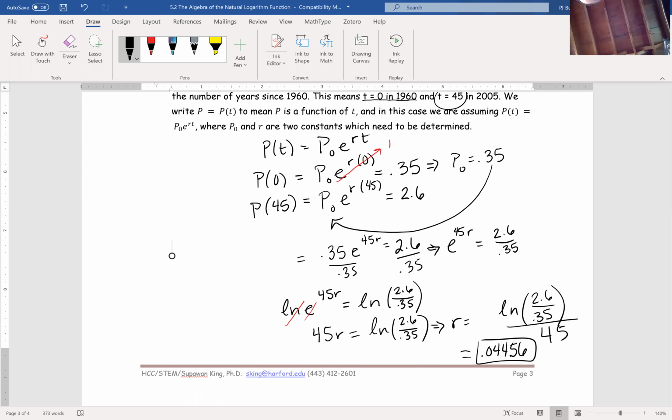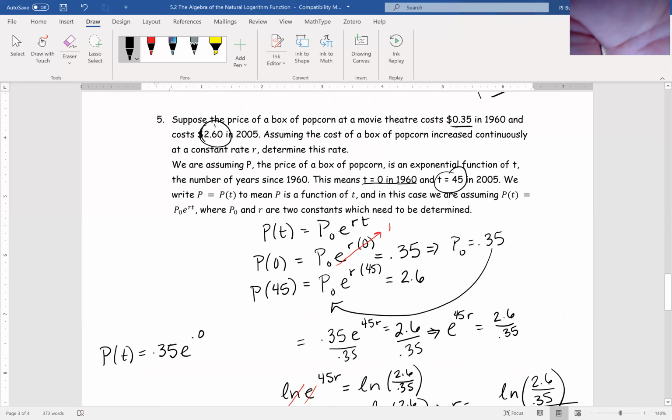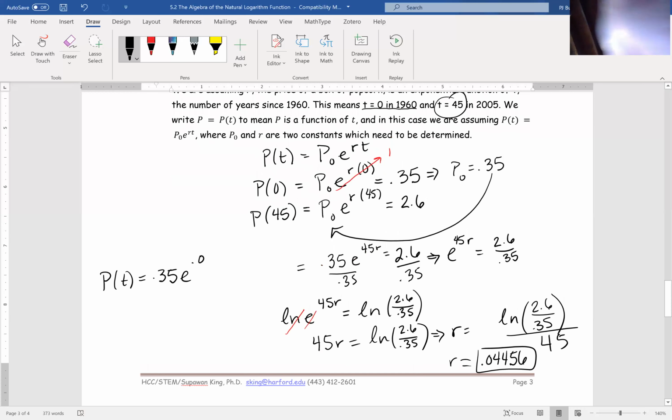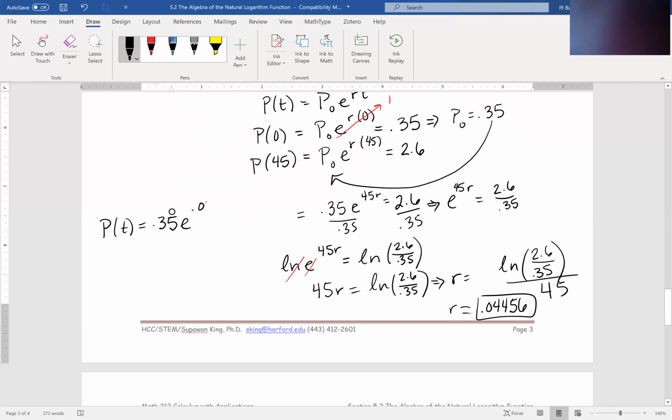So this is r, or the rate, which is expected to be a fraction or a small irrational number. So we could find the price for any time t now, because we found P0, which was 0.35, and we found that rate.